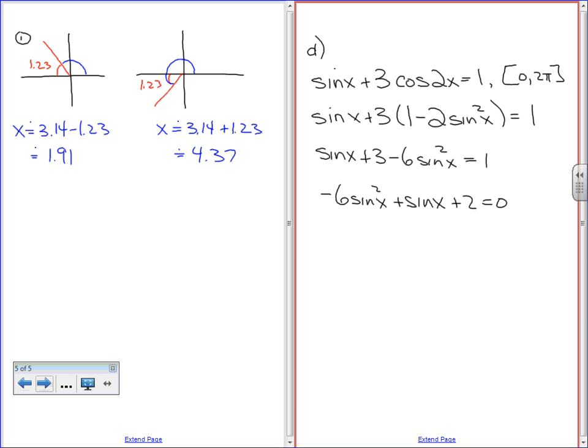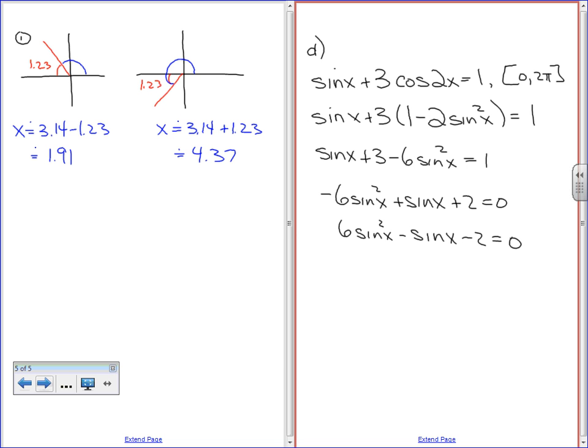Personally, I don't like it when I have a quadratic with the leading coefficient negative, so I change that by multiplying everything by -1, which essentially just changes the sign of all the terms. Now I don't have to worry about having that negative leading coefficient, which makes it a little bit easier.